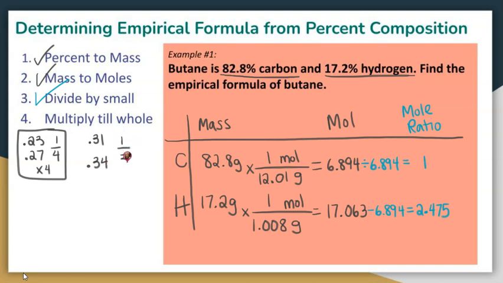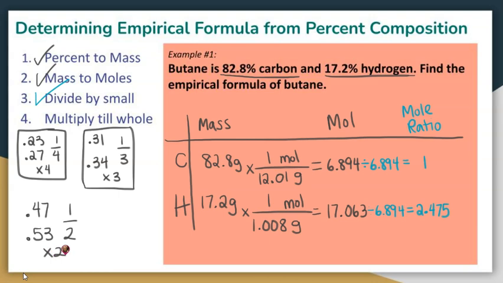And so we'd probably multiply these by 3 to get them to a whole number. So you just have to use a little bit of judgment here. If we have something that's between 0.47 and 0.53, it's about a half, so we'd multiply by 2 to get back to a whole number. And so you kind of have to look and use your judgment here.